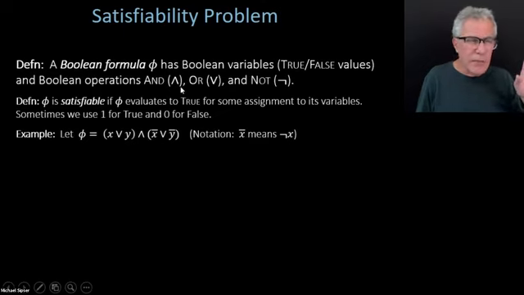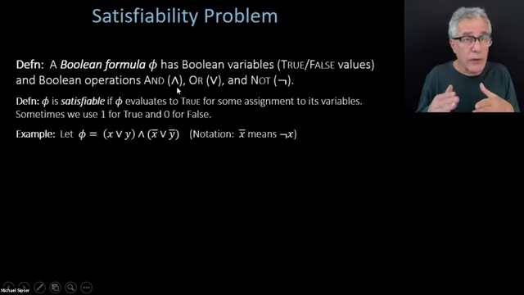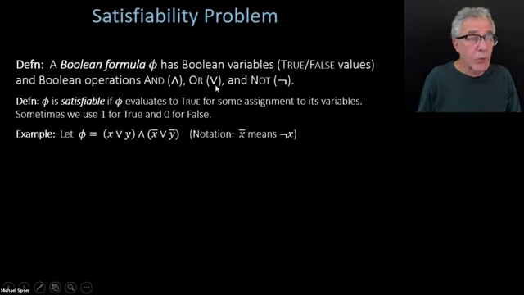I'm assuming that you've all seen Boolean algebra before, where the and operation is only true if both inputs are true. These are binary and operations and binary or operations. Or is true if either input is true, and not is true if its single input is false. So it just flips the answer.